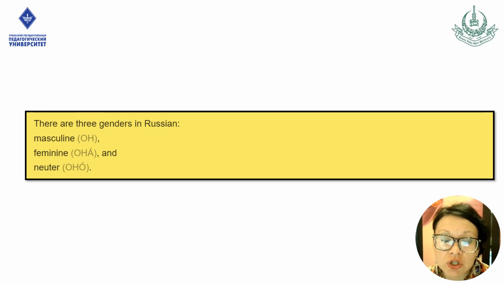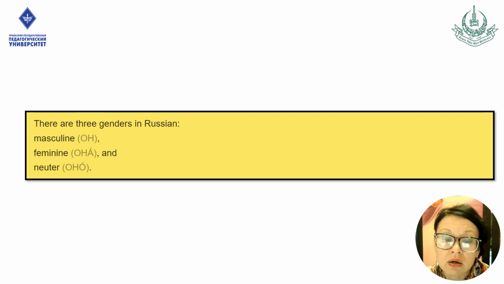So all Russian nouns, adjectives, and pronouns may be divided into these three groups. One noun is a member only of one group. It can't change gender in Russian, right?